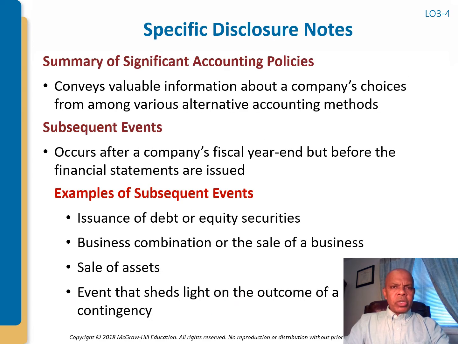Specific disclosure notes: summary of significant accounting policies. As I said, we're getting into the detail of this stuff. It conveys valuable information about company choices from among various alternative accounting methods. Like the inventory method, you have first in first out, FIFO, LIFO, or average method, and which one you use. The depreciation method, which one you use.